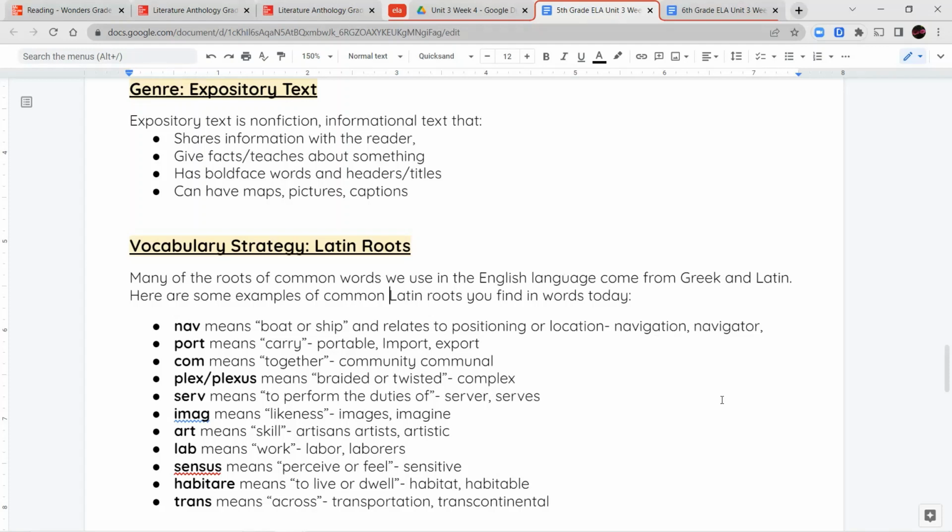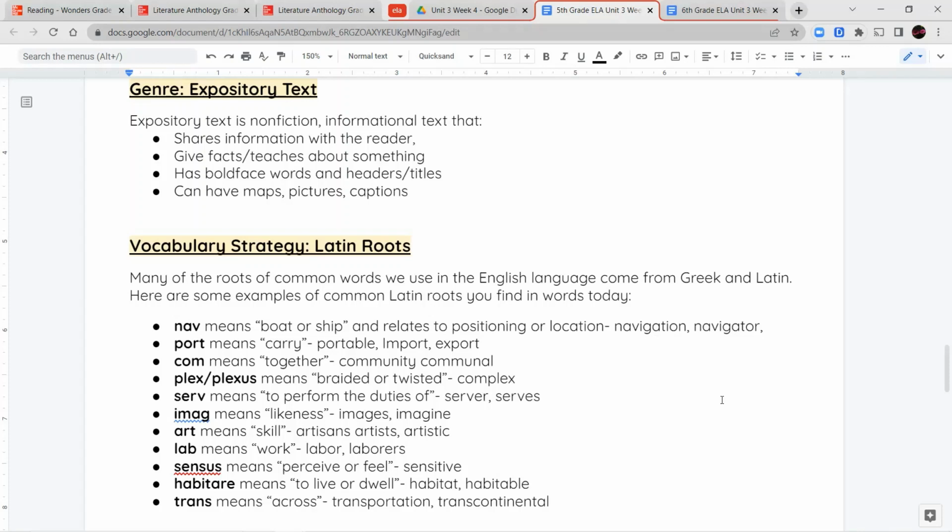The Latin word sensus means to perceive or feel. So when you see sen or sense anywhere in your words, you're looking at something that has to do with how you perceive or how you feel something. So someone who is sensitive. Habitar is the Latin word that relates to living or to live or to dwell, a place where you live.